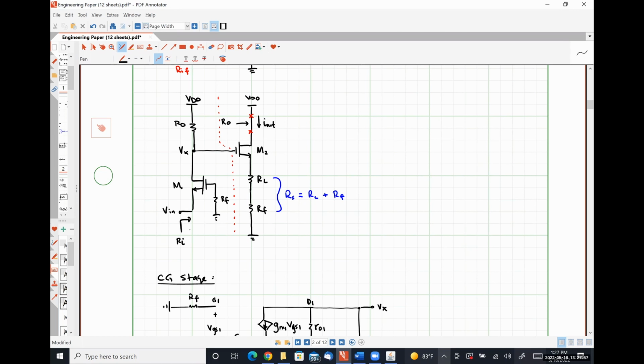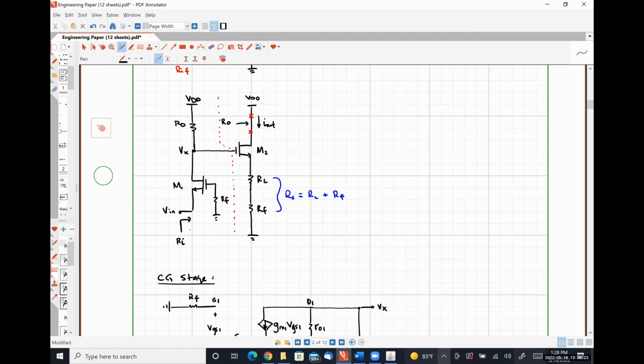My output current here is my drain current, because the job of a transistor is to convert an input voltage into an output current. For a MOSFET, that is taking some voltage VGS and turning it into some current ID. So I specifically am calling my drain current the current flowing through my drain, all right? I out.